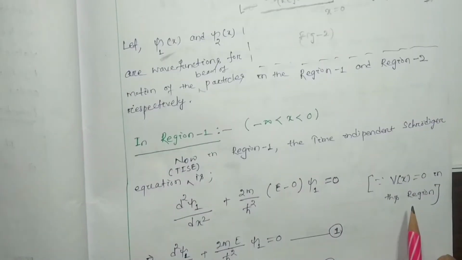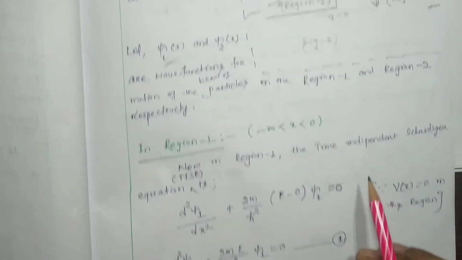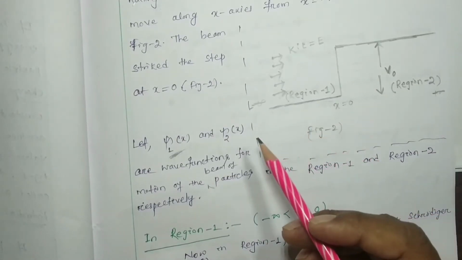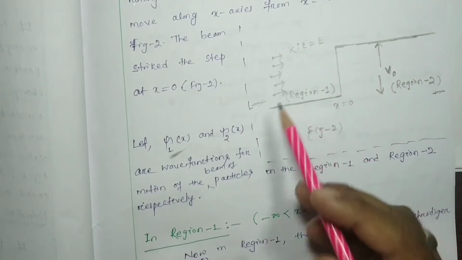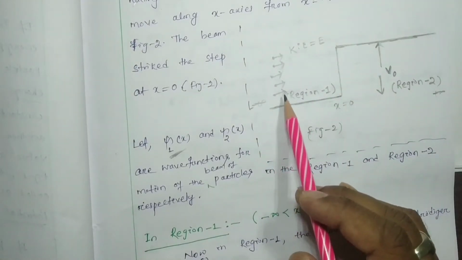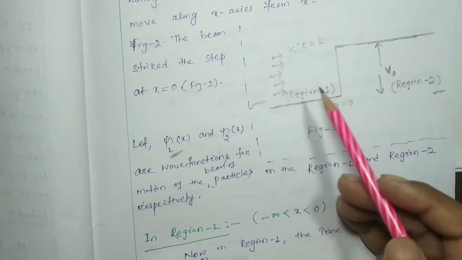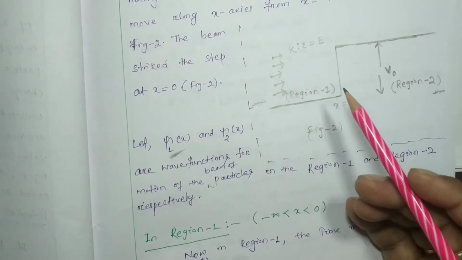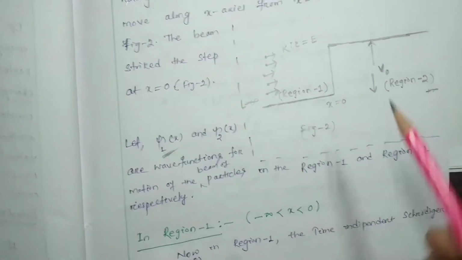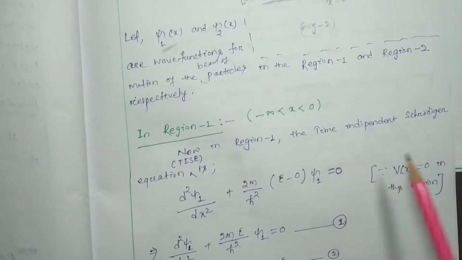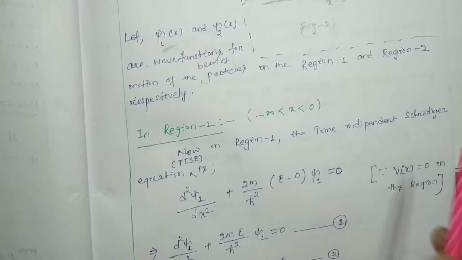Now any wave function or particle in quantum mechanics has to obey the Schrodinger equation.